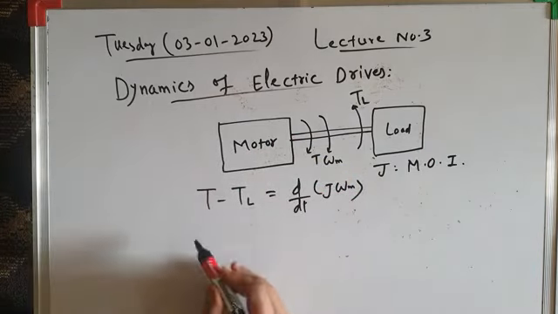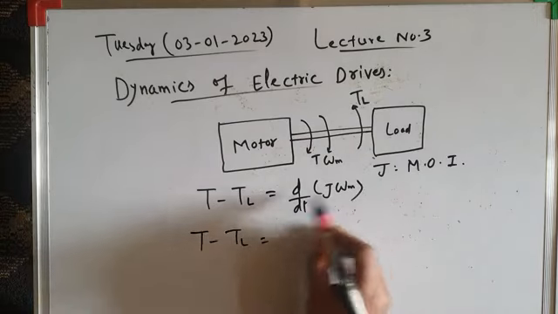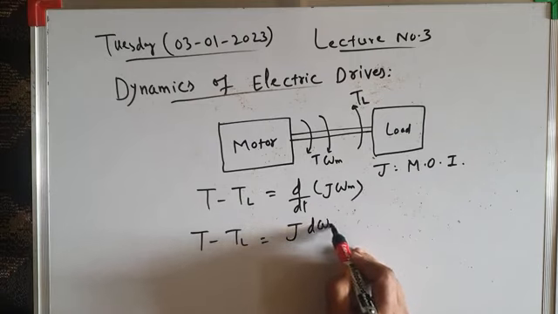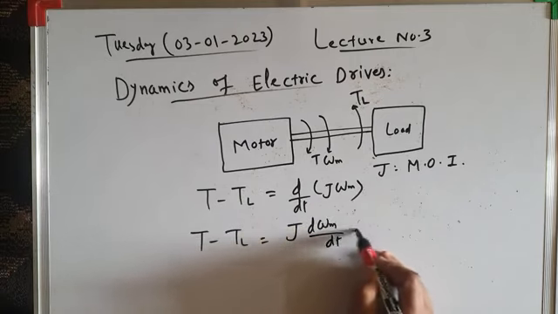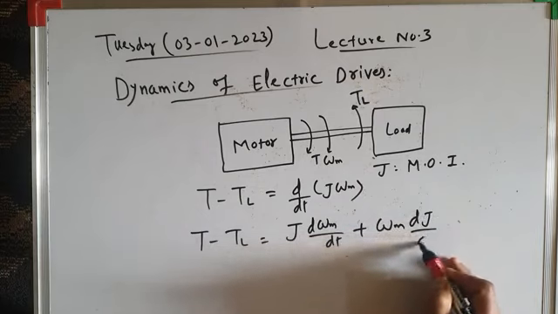Okay, so we can write T minus TL is equal to, if you differentiate this, J d omega m by dt plus omega m dJ by dt. Now what is J?